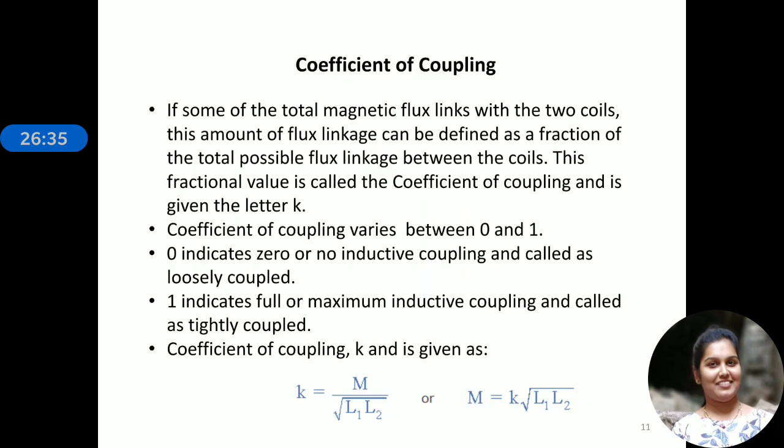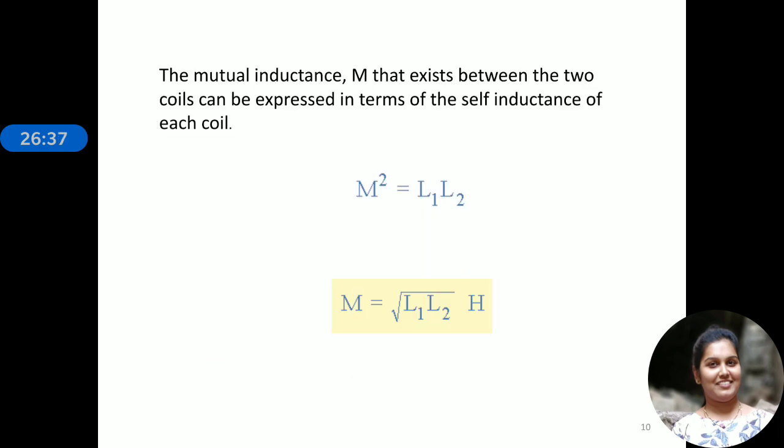Now we have tried knowing these points, like what is meant by M, what is meant by L1, what is L2. Now we'll discuss what is meant by coefficient of coupling. Till now we got to know that because of the self inductance in L1, mutual inductance will be developed in L2, right?